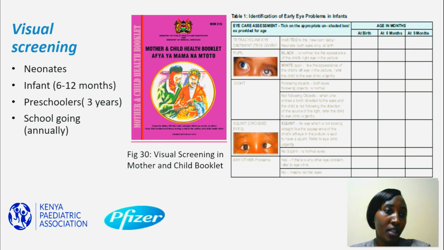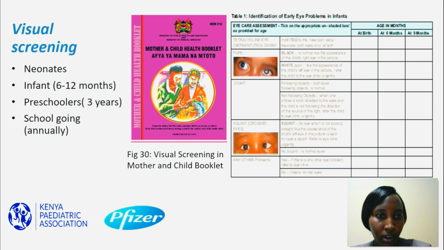And thereafter, just before they join school at 3 years, and when they're school going, you should have annual visual screening. This happens in some countries like the UK, where they have established systems, but in our setup we don't have very standardized visual screening.